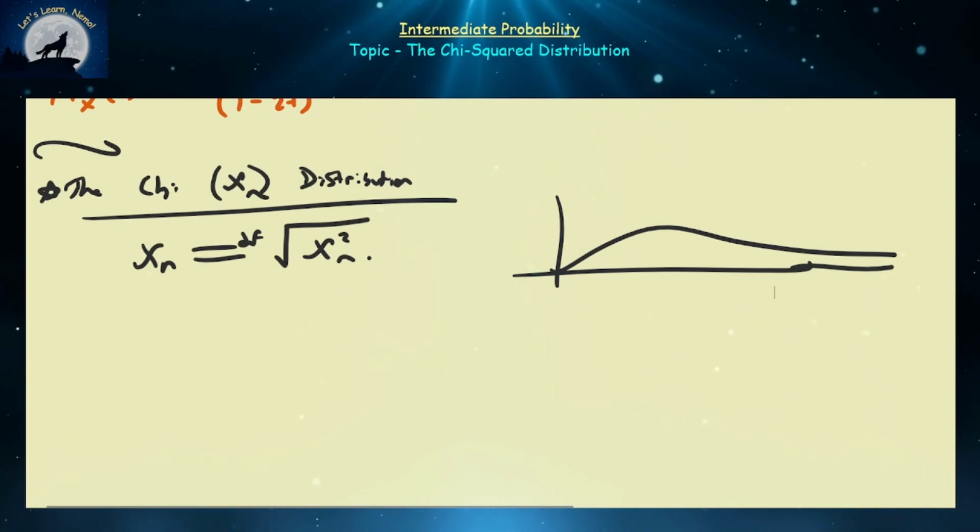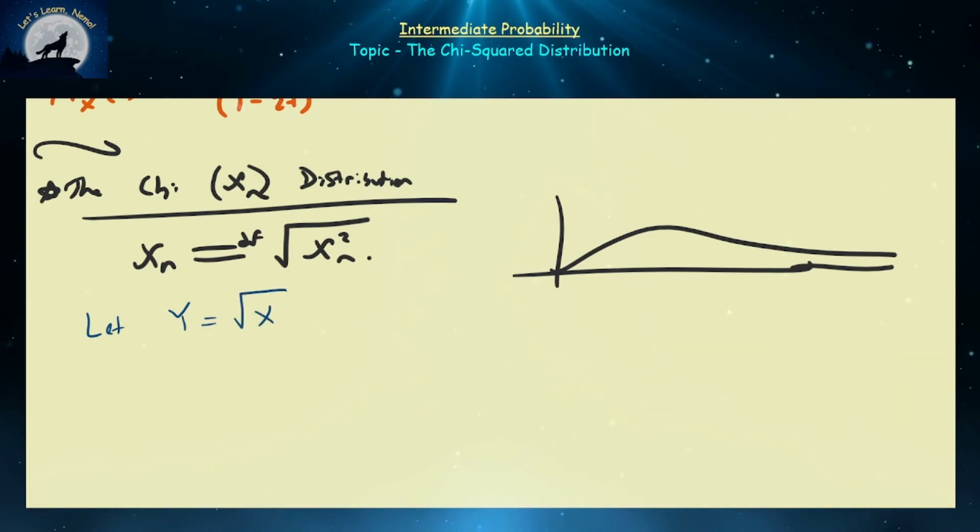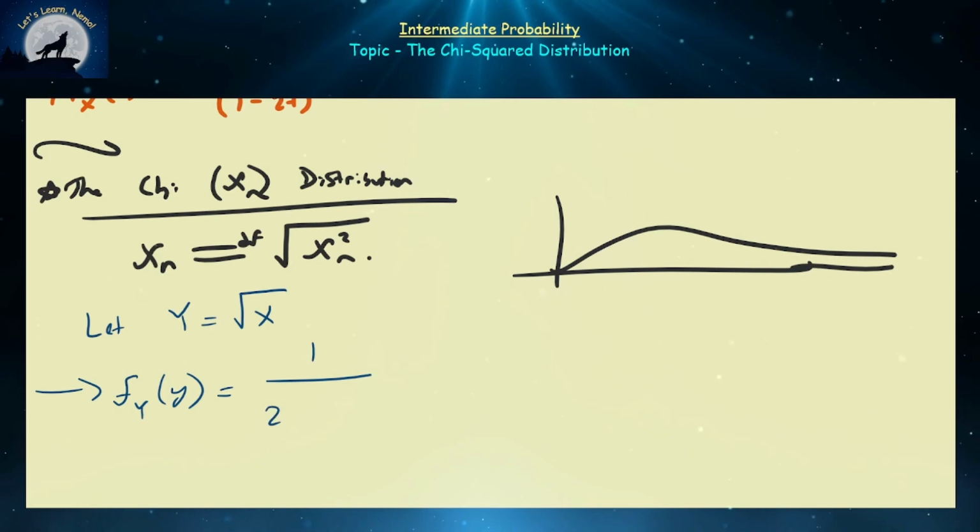So how are we going to derive the probability density function for a chi distribution? Well, let's assume that y is equal to the square root of x, where x is a chi squared random variable. So I leave it to you to try and use the change of variables relations. This one's a little bit more easy because our domains are still the same, 0 to infinity, mapping to 0 to infinity. And you should find the probability density function for y will be equal to 1 over 2 to the n over 2 minus 1.